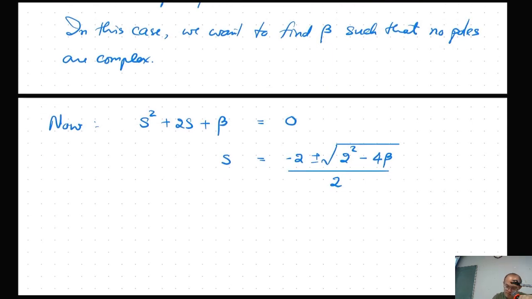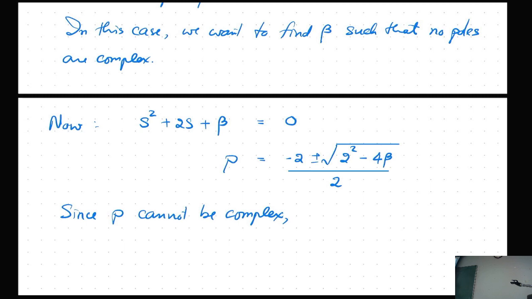Since the poles cannot be complex, what do you want? The term under the square root cannot be negative.